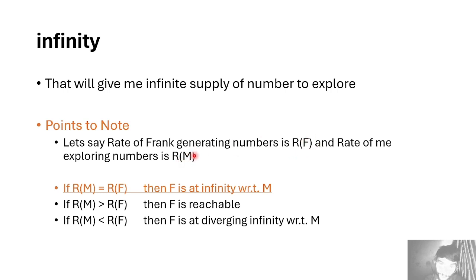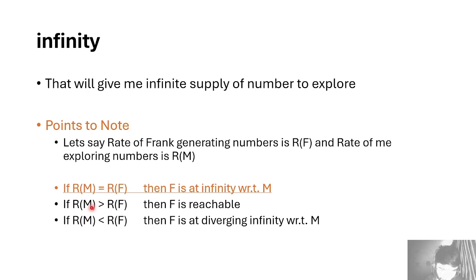With respect to me, Frank is at infinity if Frank is generating the numbers at the same rate as I'm exploring them. So we can summarize with these points: if the rate of me exploring and the rate of Frank generating is the same, then F is at infinity with respect to M. That's important. With respect to M, F is at infinity.